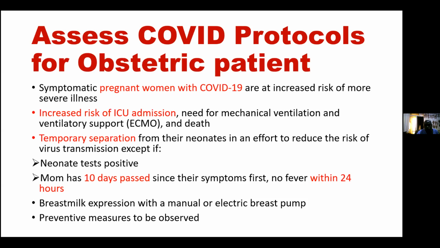So you need to consider that. There is increased risk of ICU admission, need for mechanical ventilation, ventilator support. And a colleague from the US talked about the need for ECMO, because you need to ventilate or oxygenate 2 patients, 2 people in 1. And then there is a high risk of death.